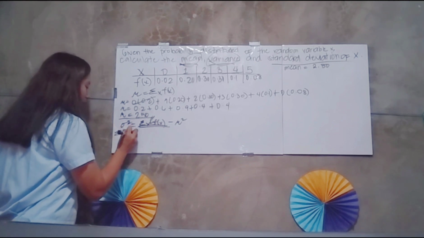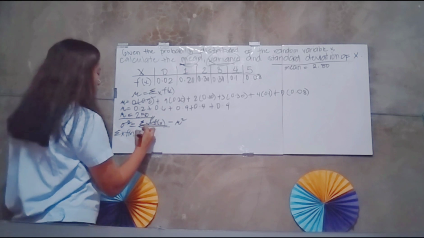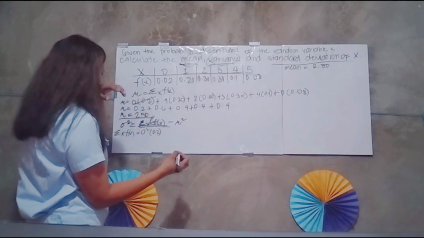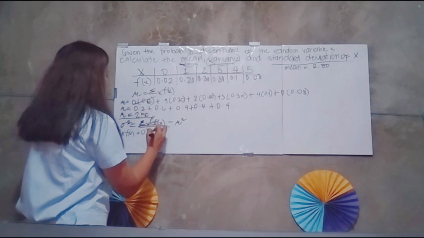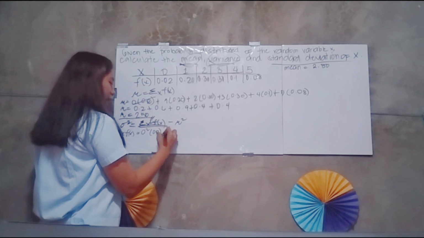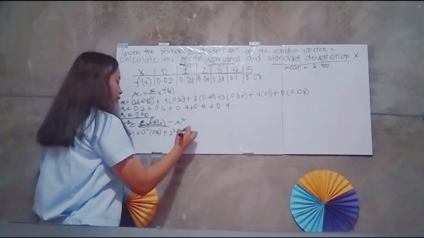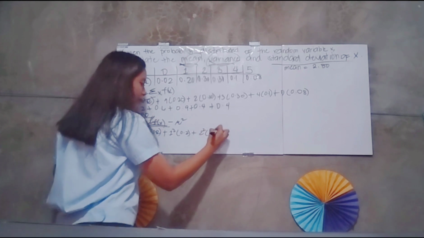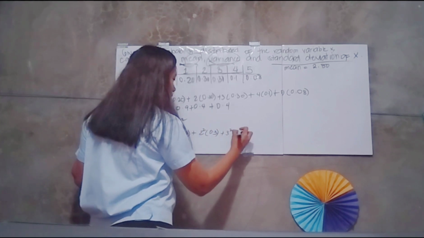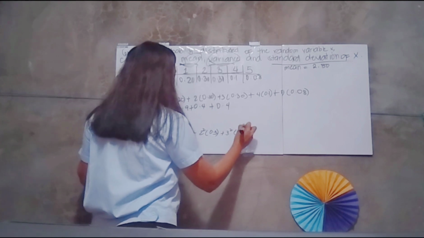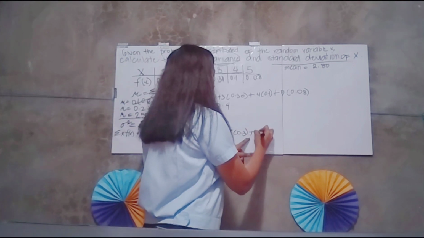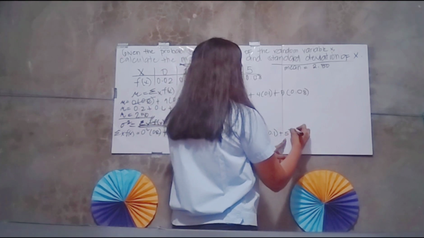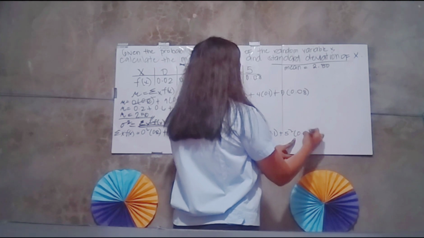So, summation of x squared f(x) is equal to 0 squared multiplied by 0.02, plus 1 squared multiplied by 0.2, plus 2 squared multiplied by 0.3, plus 3 squared multiplied by 0.3 again, plus 4 squared multiplied by 0.1, plus 5 squared multiplied by 0.08.